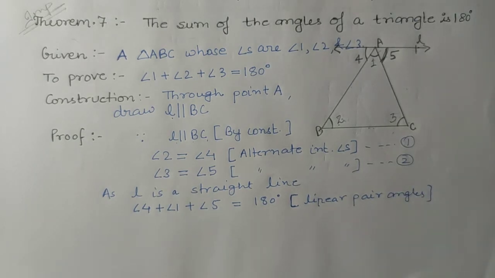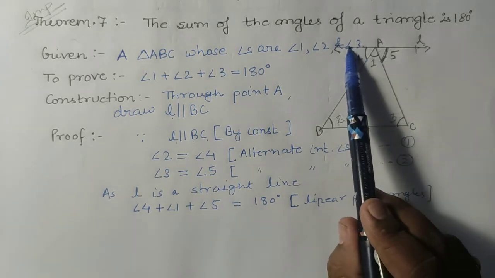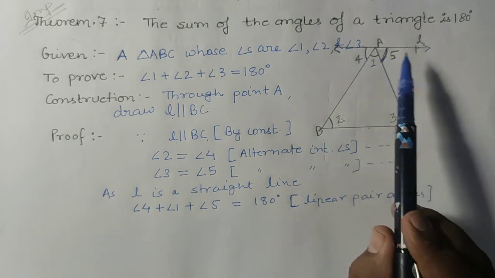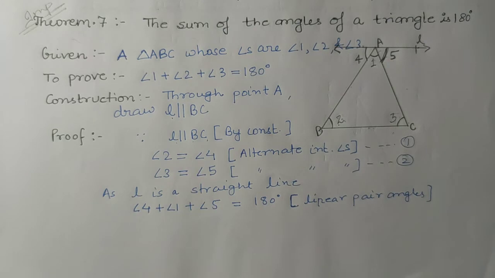We have studied an axiom, the linear pair axiom. From that axiom, all the angles drawn on a line, the sum of all angles will be what? 180 degrees. We have studied it earlier. So here we have written that angle 4 plus angle 1 plus angle 5 is equal to 180 degrees.